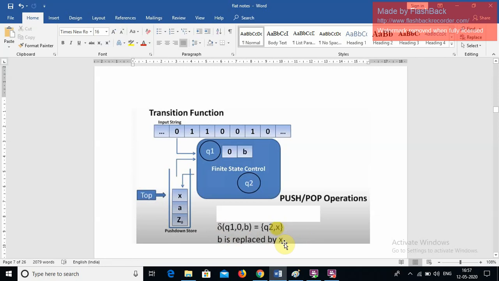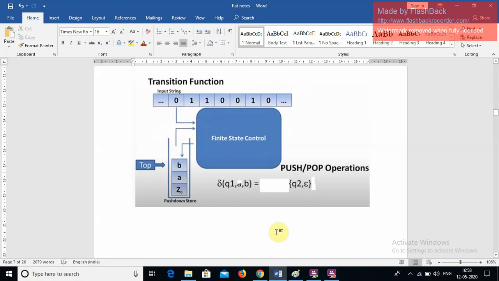So we are trying to understand what is actually happening in the transition function when we give a transition function like this. Let's say another example. The transition function delta of q1, 0, b, we are giving.